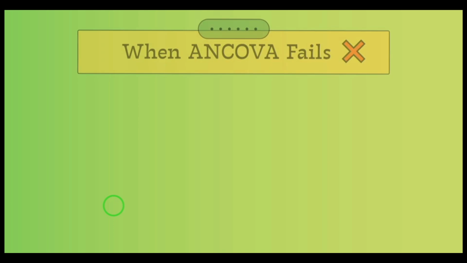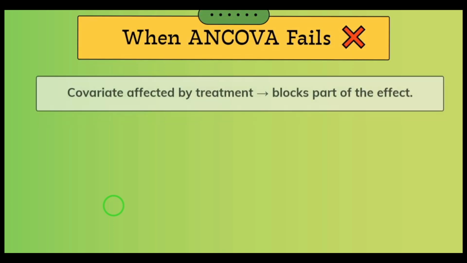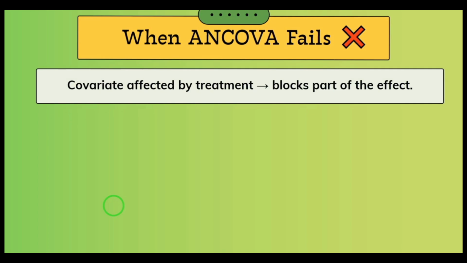So now let's talk about the danger zone, when you should not use ANCOVA. Here are the scenarios for this condition. First, if the covariate is affected by the treatment. For example, don't use motivation measured during the experiment as a covariate, because that would block part of the treatment effect itself, because motivation could be affected by anything and could be affected by the treatment itself.